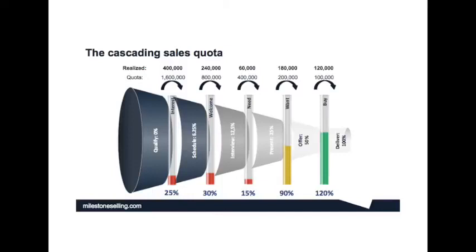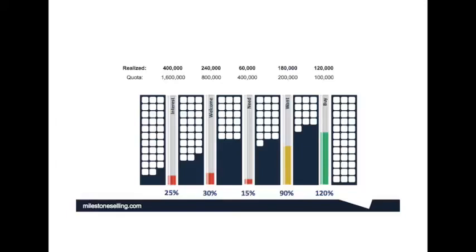This is where the milestone selling system comes into play. The system is built up just like the cascading budget that we saw before. The white squares represent the many leads that need to be moved from phase to phase and in the end become new orders.